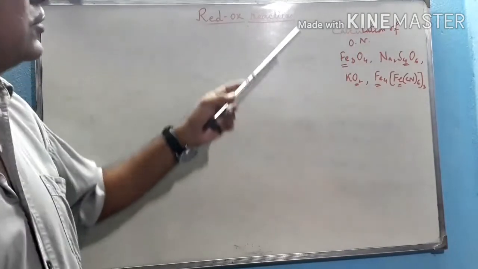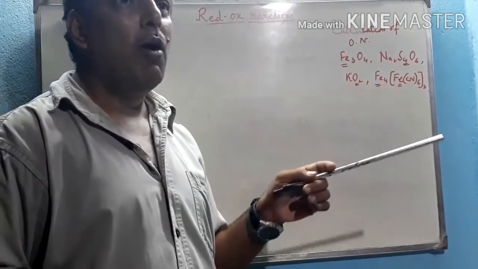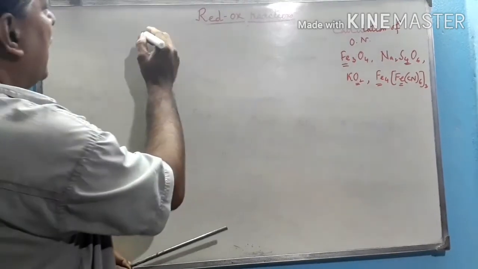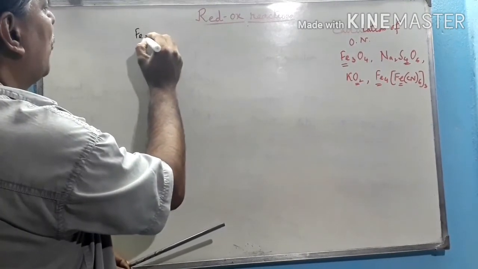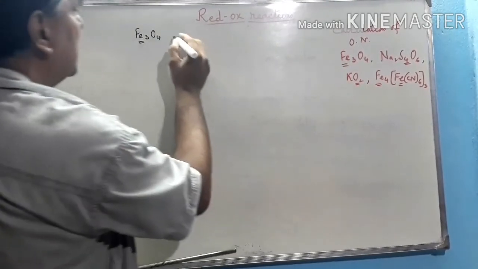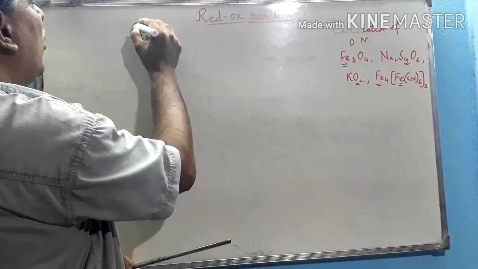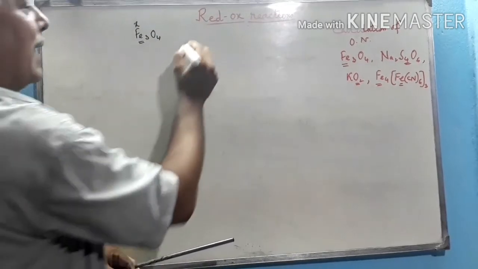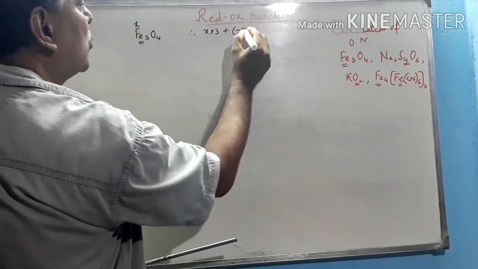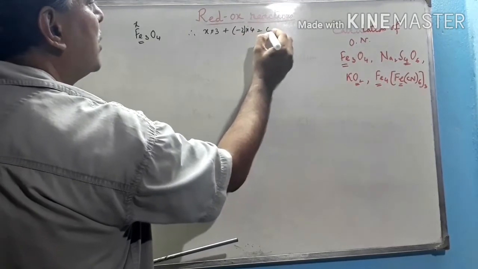Now we are ready to calculate the oxidation number of a particular element in a compound. Like in Fe3O4, what is the oxidation number of iron? If we assign the oxidation number of iron as X, we can calculate X into 3 plus minus 2 into 4 equal to 0.